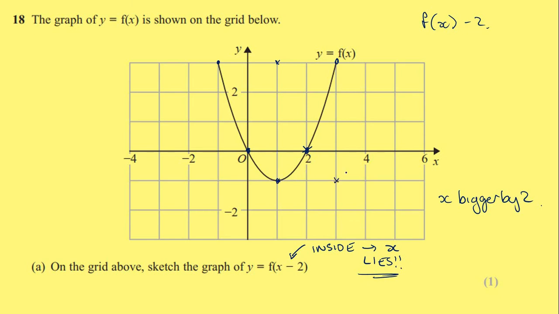Bigger than that, 3. Similarly, here, from 2 goes up to 4 and from 3 goes up to 5. Actually, the curve will look hopefully a little bit better drawn than that. But there you go. Make sure you put those little crosses on the grid lines, because those are what's most important about the marking.